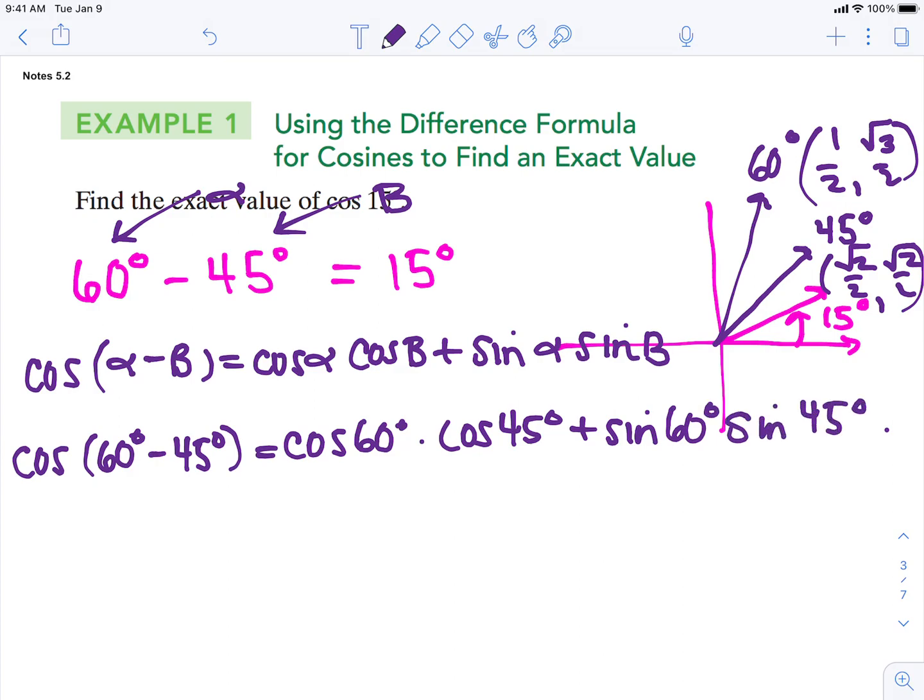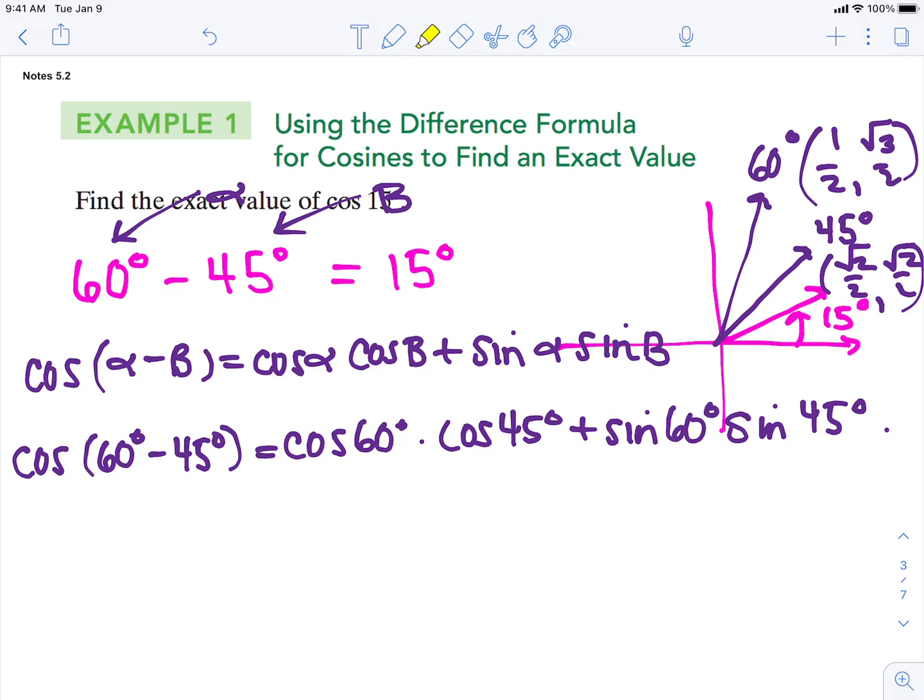So we're substituting into the formula above. Now we do know those 4 values from the unit circle. So what is the cosine of 45 degrees, sine of 45 degrees, cosine of 60, sine of 60? Those we already identified up in our drawing.